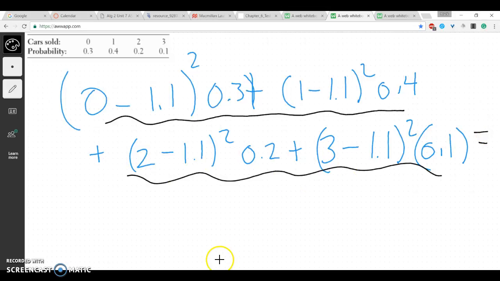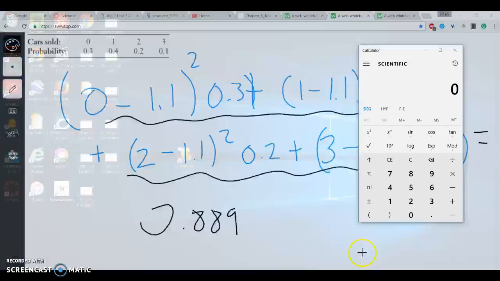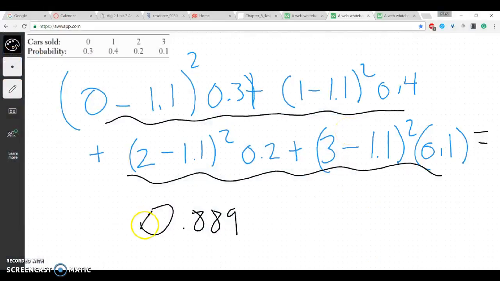I've done that ahead of time, so I'll write down that answer. You get 0.889, and then we would need to take that and square root it. So this is its variance, and then we'll square root that to get its standard deviation.